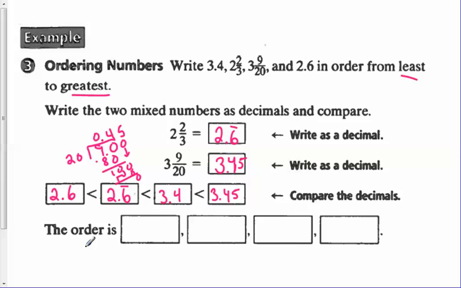That's the greatest. So the order is, and I don't write it in decimal for each one of these, because I need to use the fraction given in the original problem. So the order would be 2 and 2/3, 3.4, and 3 and 9/20 being the greatest.